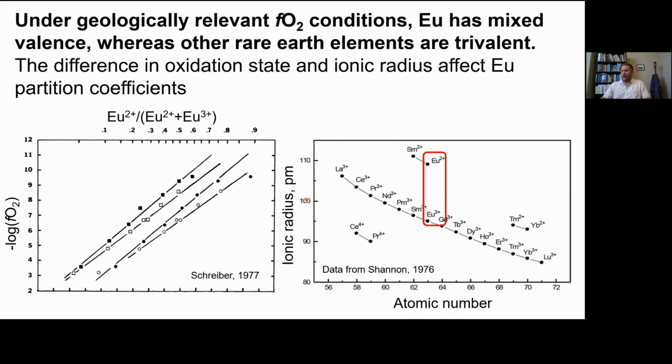So here are ionic radii of rare earth elements as a function of their atomic number. And you see that divalent europium is much larger than trivalent europium. So not only is the valence state different, the ionic radius is different under reducing conditions for europium, and that affects the partitioning or substitution behavior.